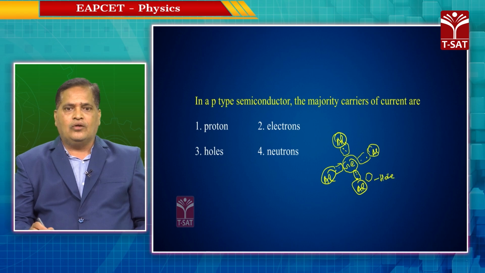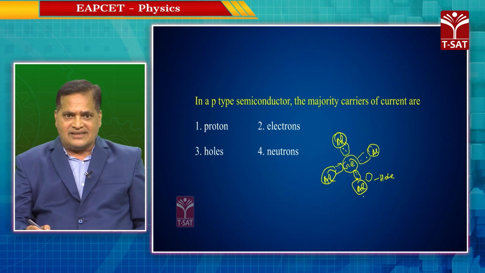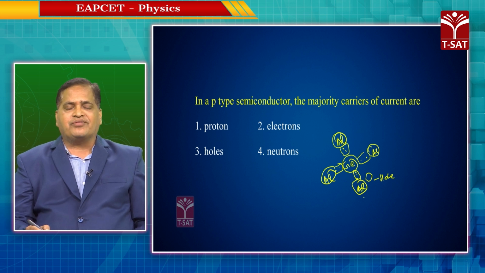Okay children, hole. Here when germanium or silicon is doped with trivalent substances, conductivity increases, flow of electrons increases because of holes. This type of semiconductor is called the p-type extrinsic semiconductor.